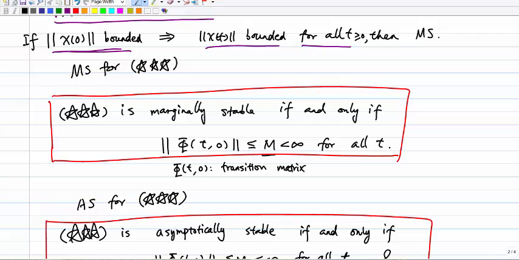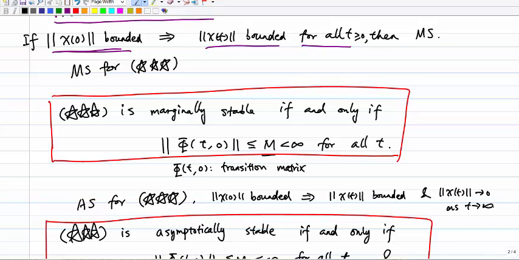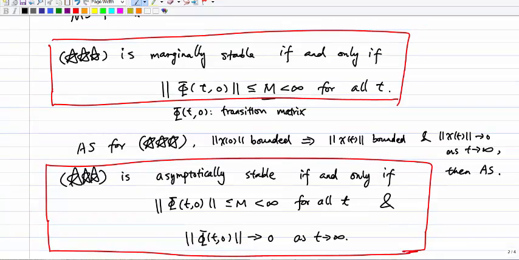It just says x0 bounded implies xt bounded, and the norm of xt goes to 0 as t goes to infinity, then the system is asymptotically stable. Okay, that's the definition.